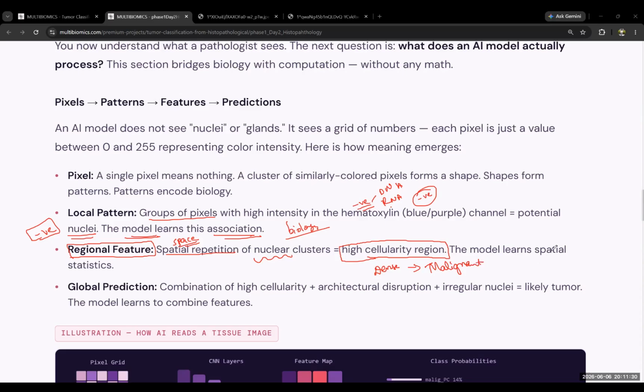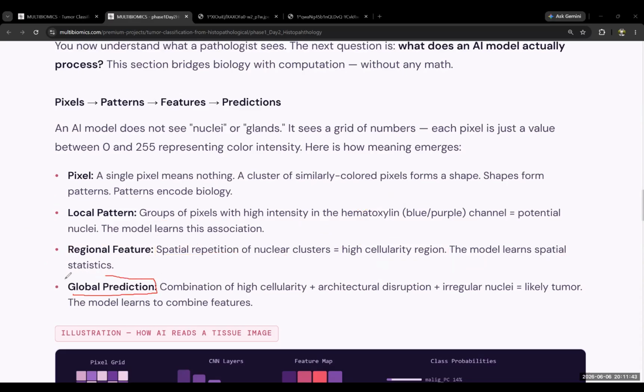Okay. So the model will learn spatial statistics also. We are zooming out from pixel to local pattern to regional pattern. And then finally it will look at the complete global space.